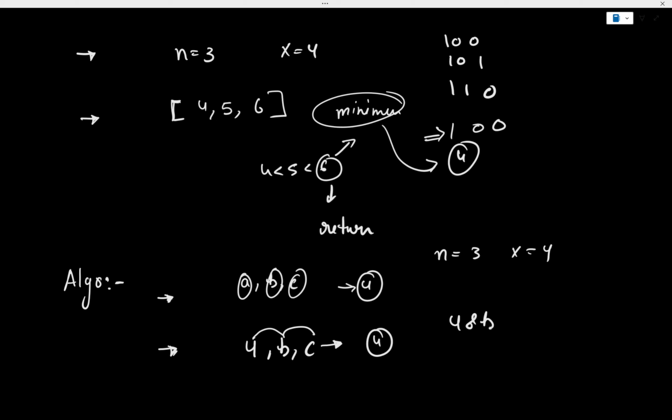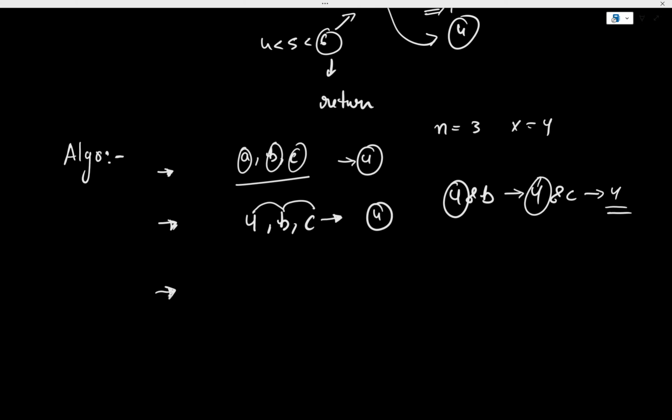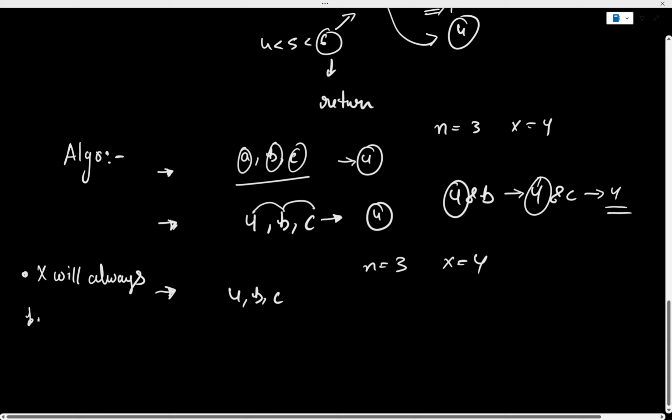So if we do something like this, we get 4, and again we do this, we still get 4. So this needs to be there. It can be present wherever, your choice, but it should be there. So one observation is that x will always be part of that array or vector, whatever you want to call it.